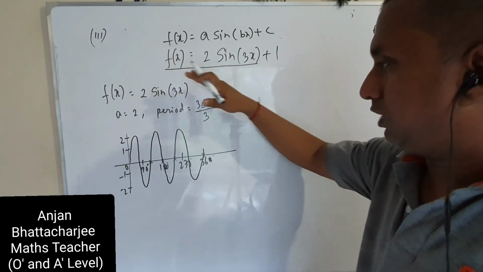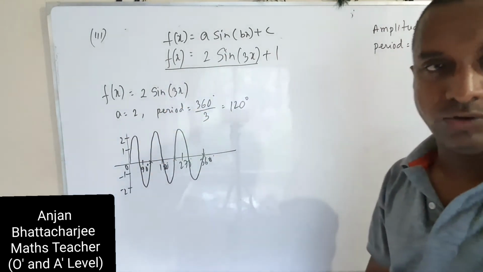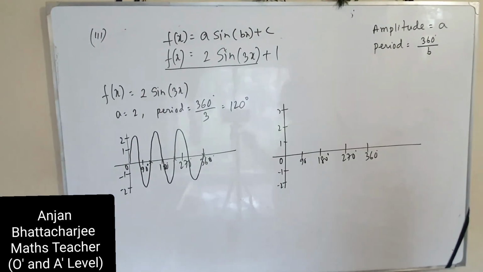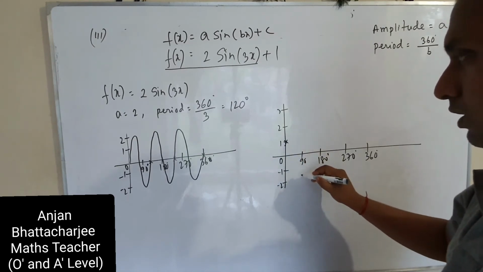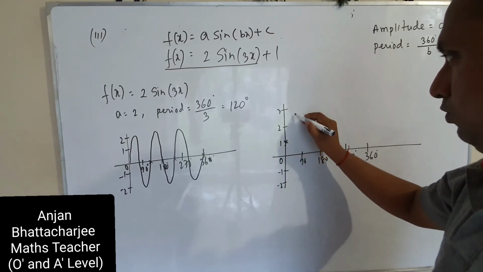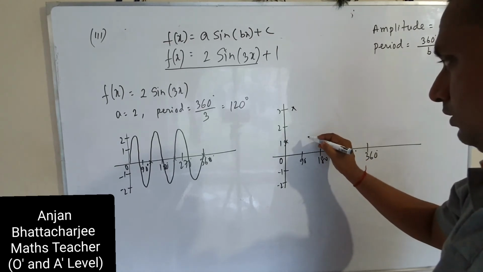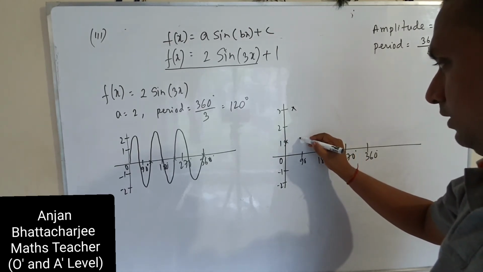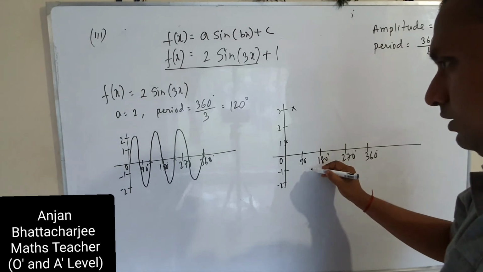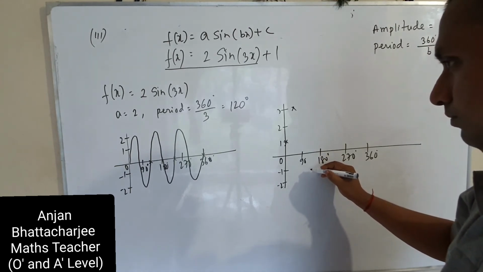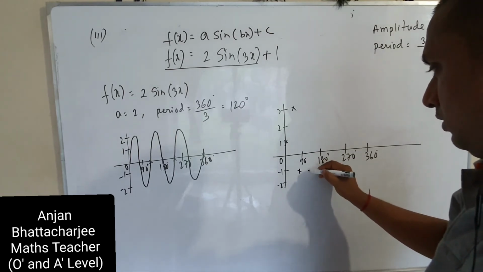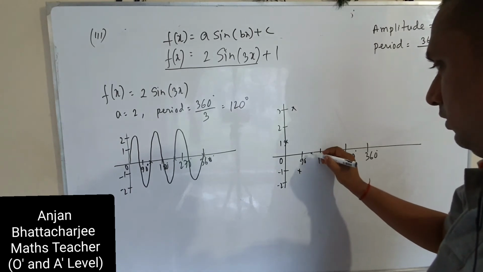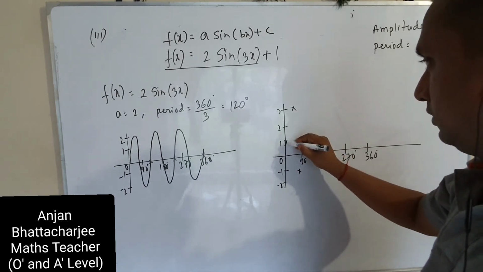If it is minus 1, it will be 1 unit down. Now see here, this 0, 1 unit up. This peak point will go 3 units up, then it will be 1 unit down, then it will come here, that is join here.